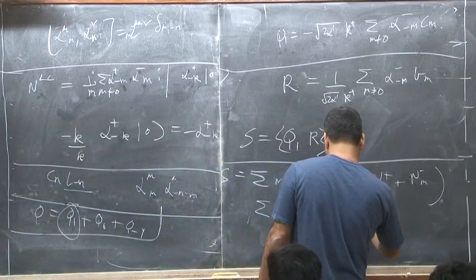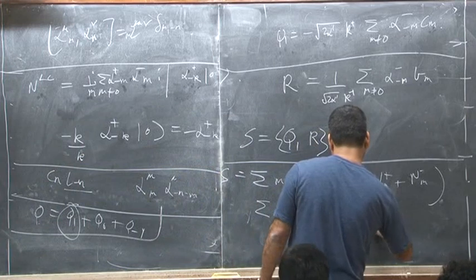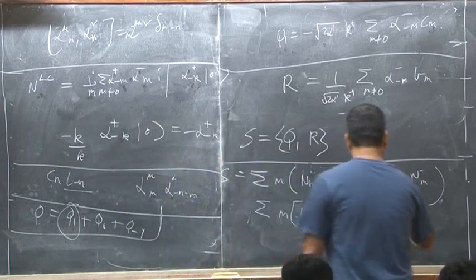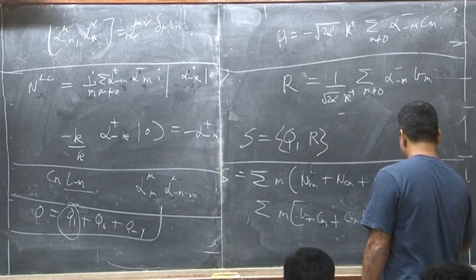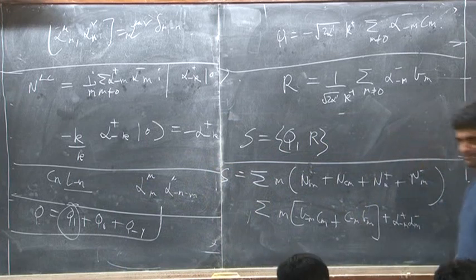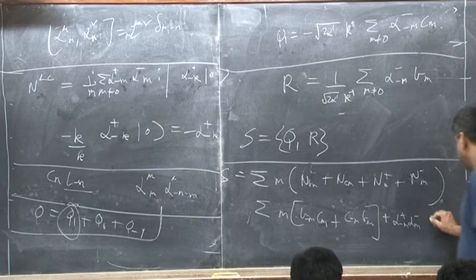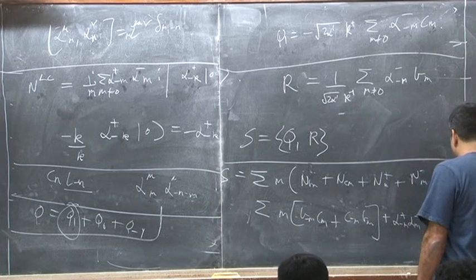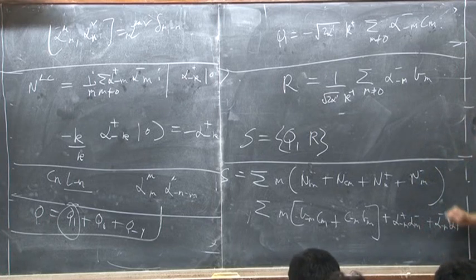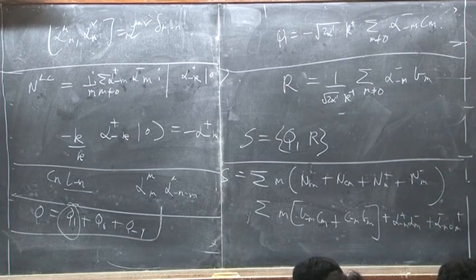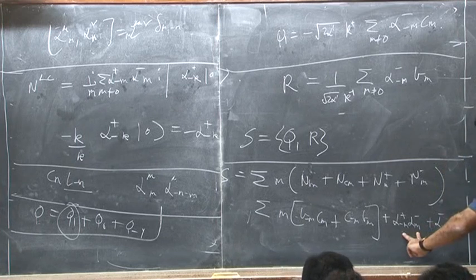Plus C minus M B M. Okay. Plus alpha minus M plus alpha M minus. Plus alpha minus M alpha M. Maybe I got some sign.